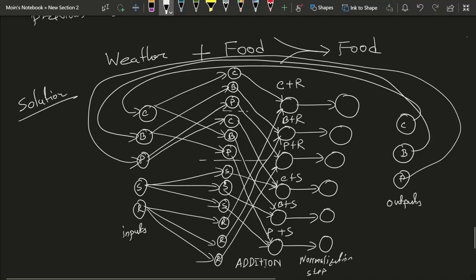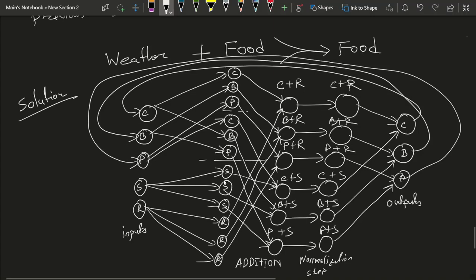And after that, it will produce chicken. This is, sorry, rainy burger plus rainy pizza plus rainy chicken plus burger plus pizza plus, and this chicken and this sunny weather will come together, producing chicken. This will produce burger, and this will produce pizza.